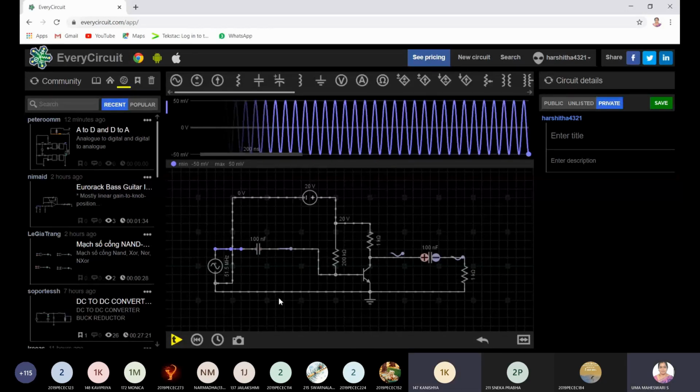Because the time period should be 1 millisecond, but it is 200 nanoseconds. Actually, now the frequency of the input signal is 51.5 megahertz. Very high frequency means the time period will be very much lesser, and the waveform will be closer.